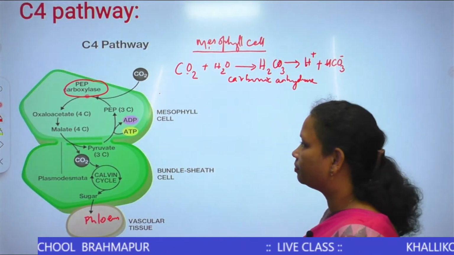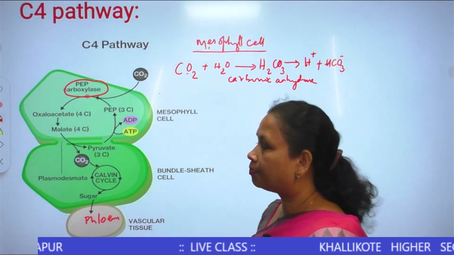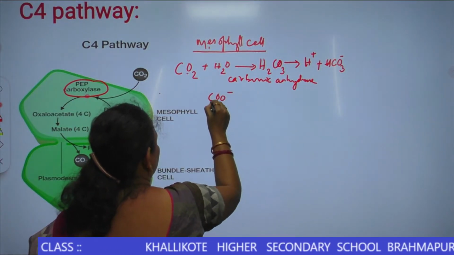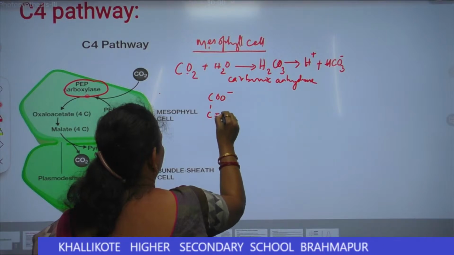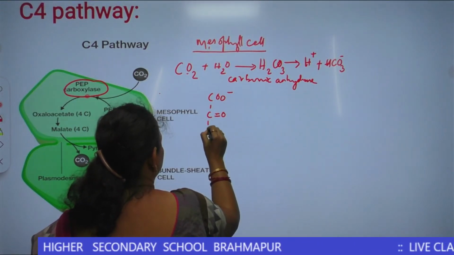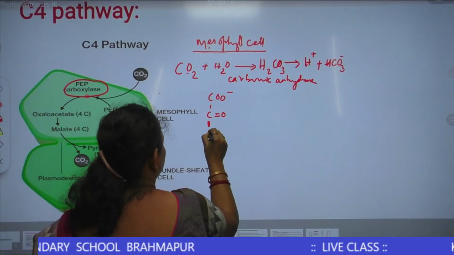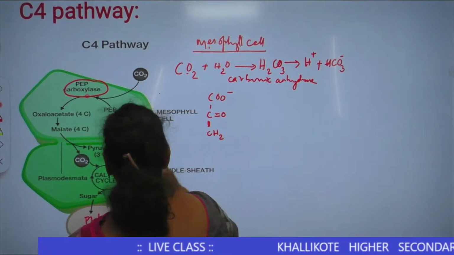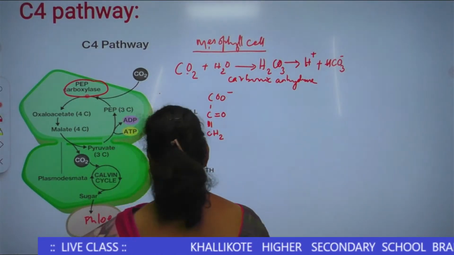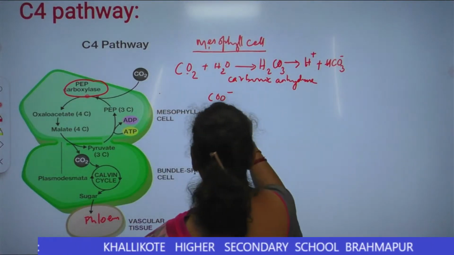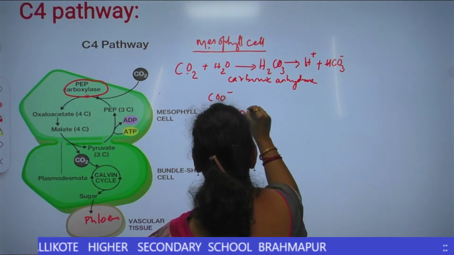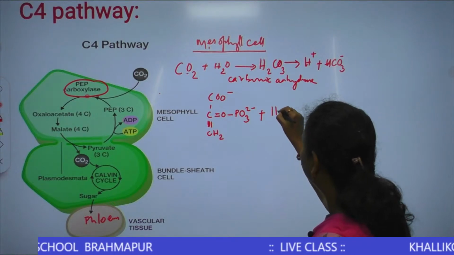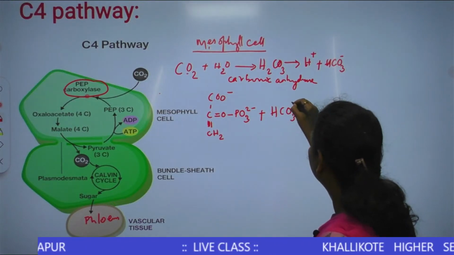So, phosphoenol pyruvate is a 3-carbon compound. This is phosphoenol pyruvate. This is a double bond here. Phosphoenol pyruvate then accepts the carbon dioxide.